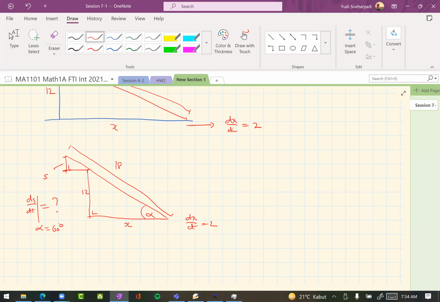So let's find the relation here, because this is also alpha. So we need the rate of change of that alpha. All right. So how to find a relation between s, x, and that 18.